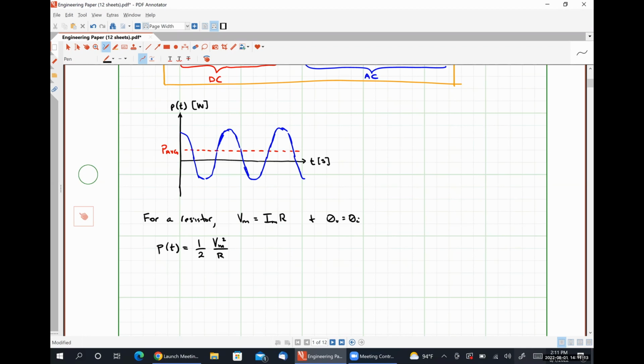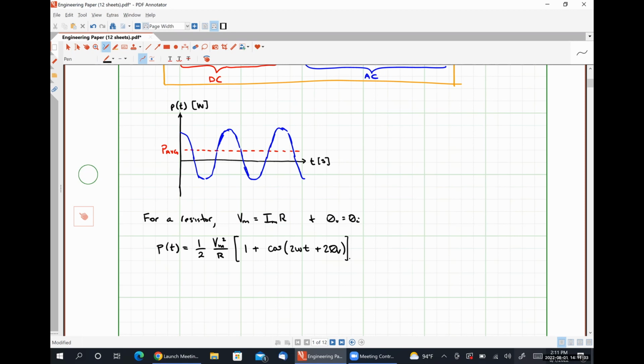So we'll have 1/2 Vm squared over R times 1 plus, and now we have the other part. So this is going to be cosine twice omega t plus twice theta V.